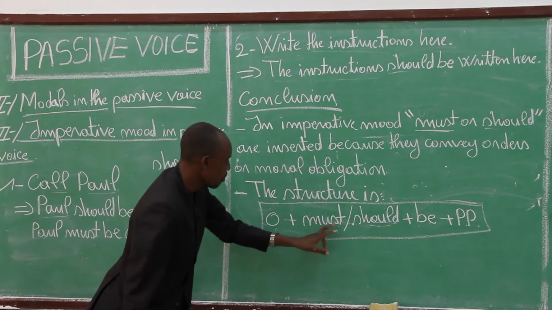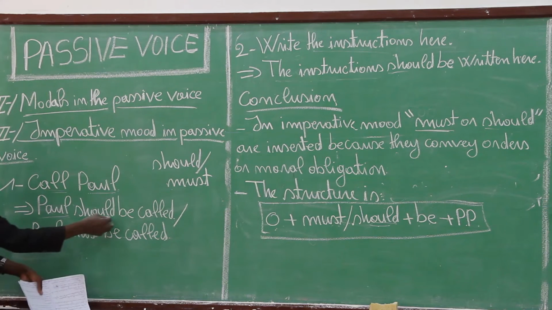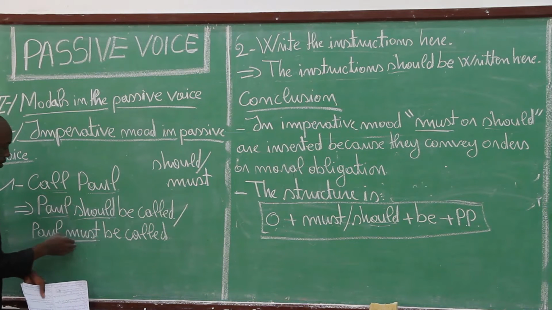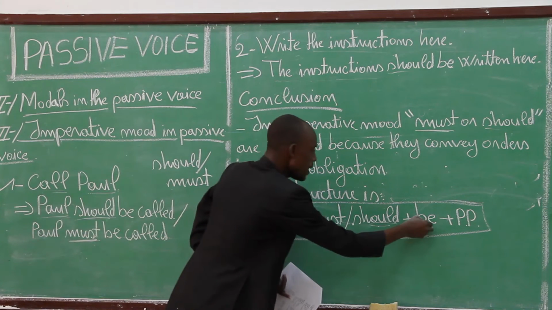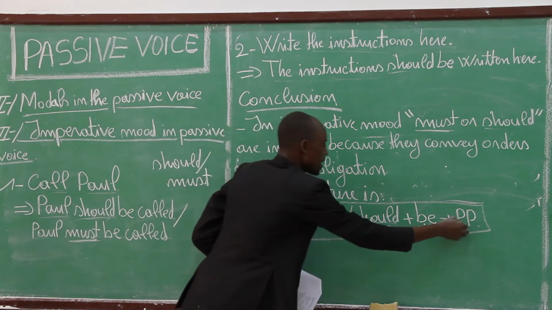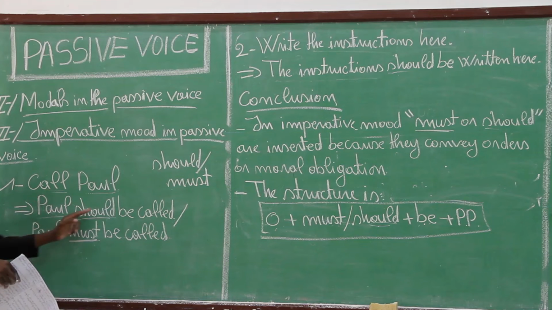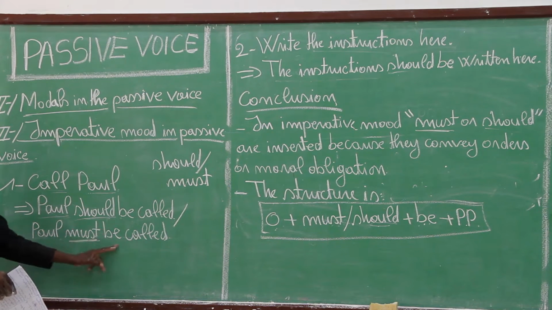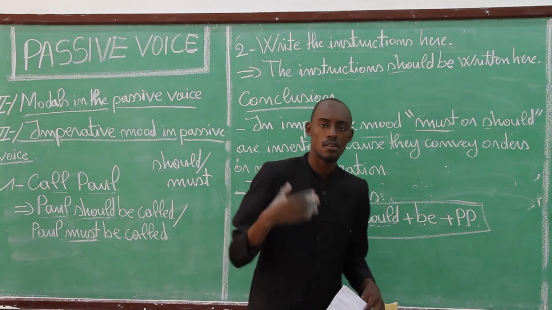You have to make your choice. Should is followed by the auxiliary be, and after be we have the past participle of this verb: called. Paul should be called, or Paul must be called. It depends on you.